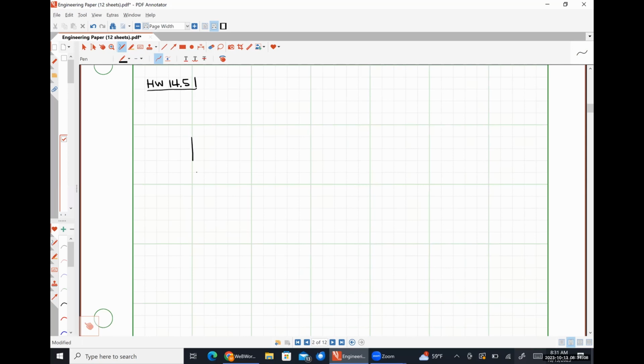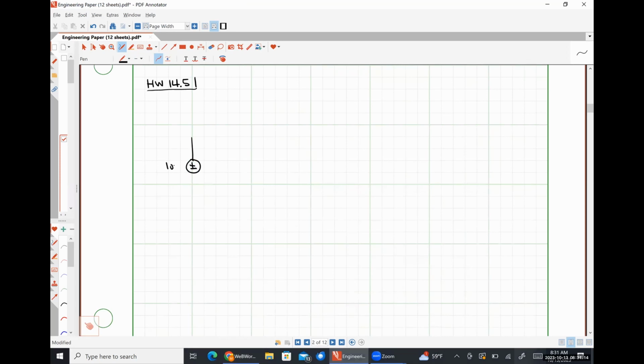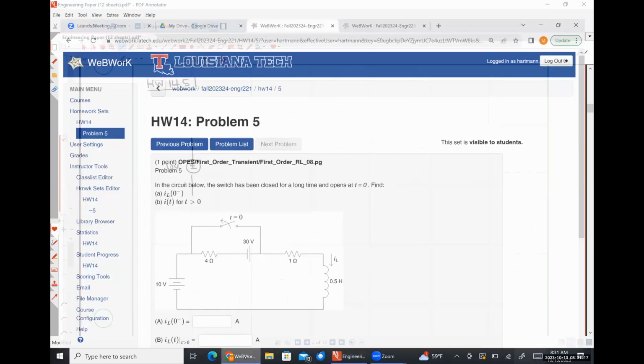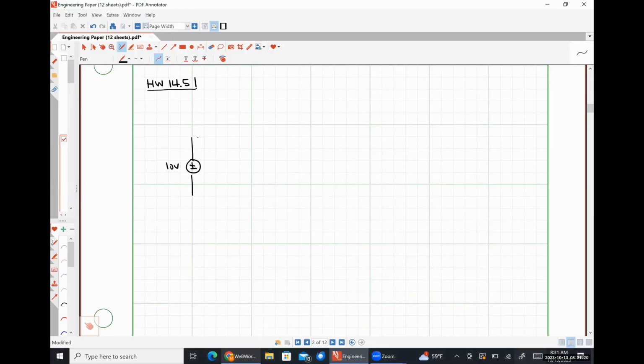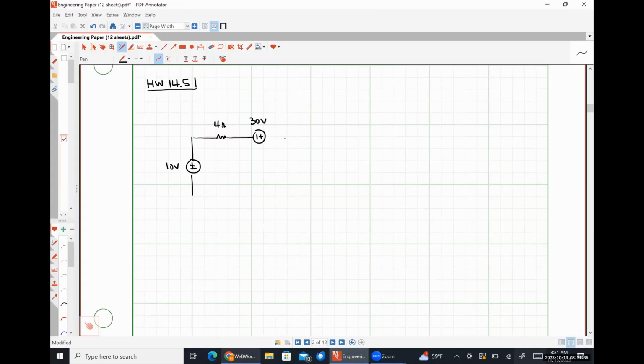We have some voltage source, 10 volts. Four ohm resistor in series with a 30-volt voltage source. And then we have a switch up here that is opening at t is equal to 0.